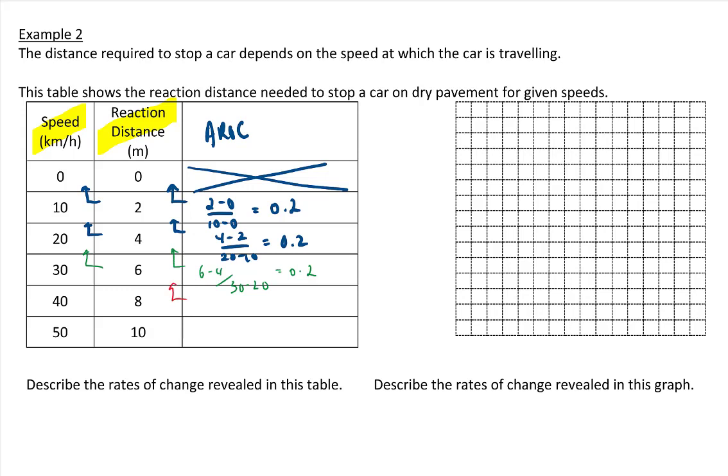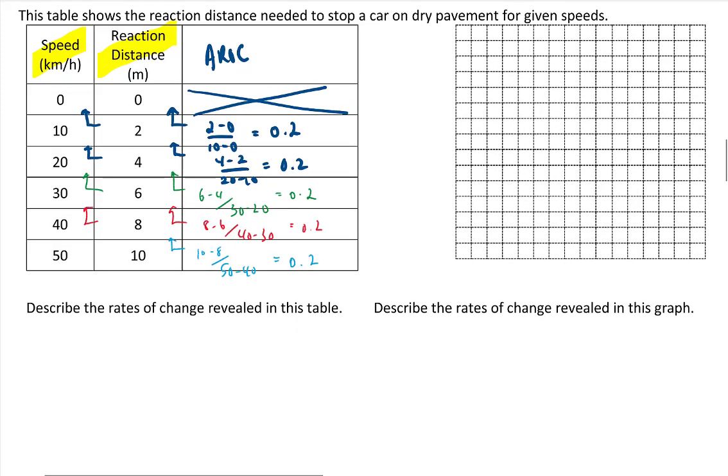Going to the next set, 8 minus 6 divided by 40 minus 30 gives us 0.2. And finally, the last one, 10 minus 8 divided by 50 minus 40 also gives us 0.2. So from the table, we see that the rates of change are constant.